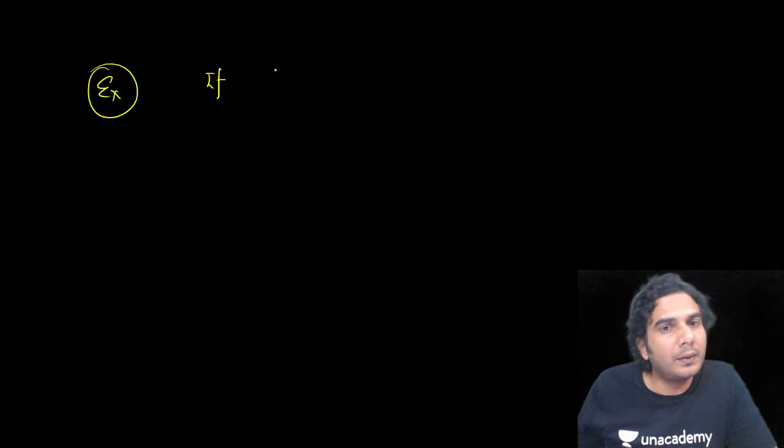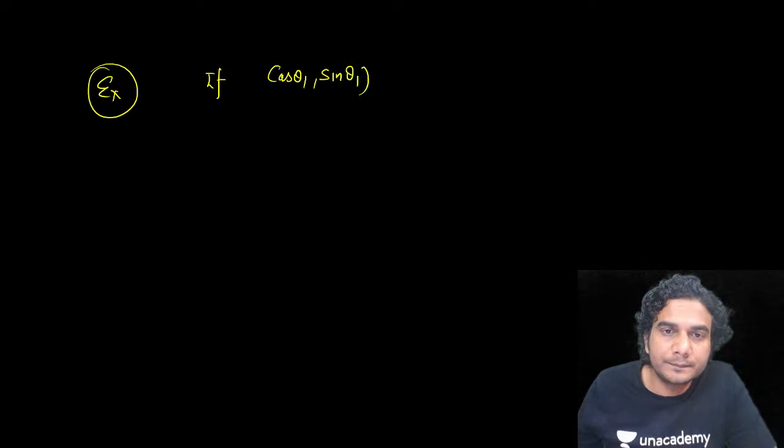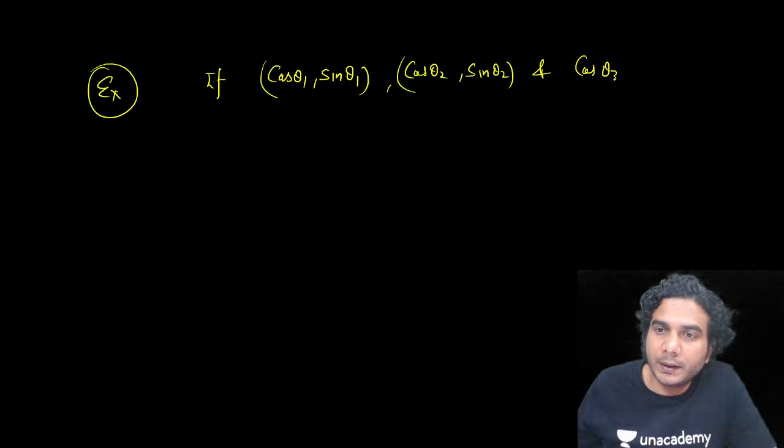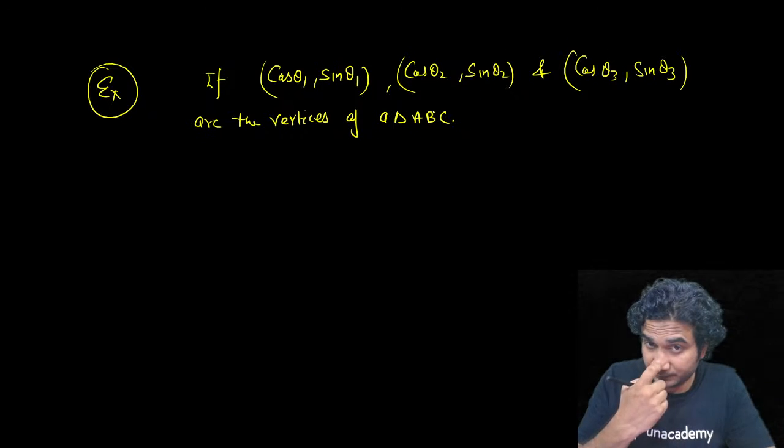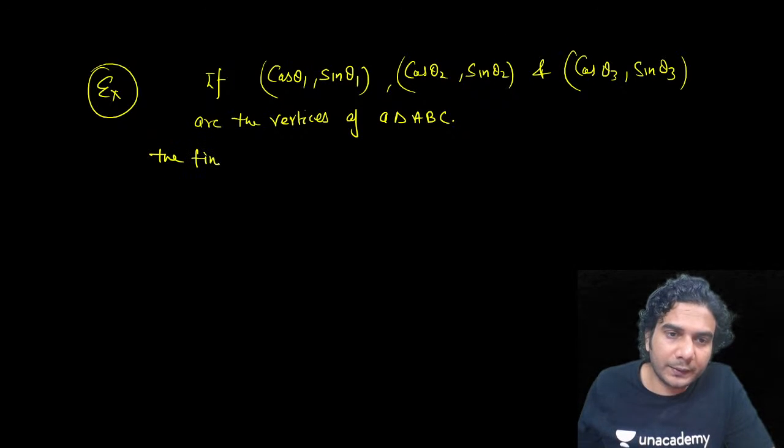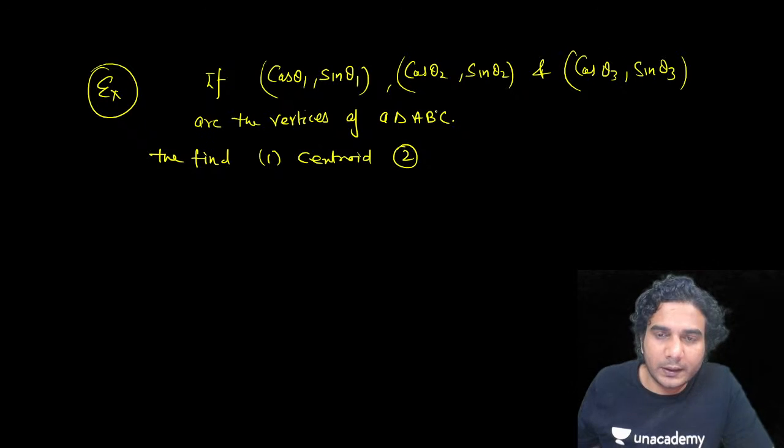Now you try this one first of all. If (cos theta 1, sin theta 1), (cos theta 2, sin theta 2), and (cos theta 3, sin theta 3) are the vertices of a triangle ABC, take any triangle, then find the centroid of the triangle, second, the circumcenter of the triangle, in terms of theta 1, theta 2, theta 3.